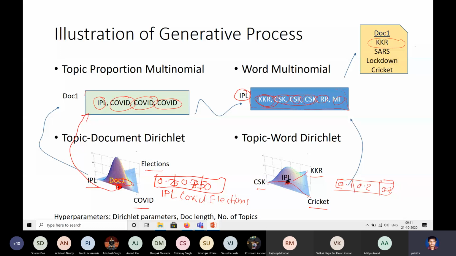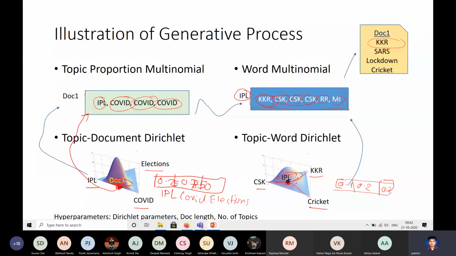They will be from this region in the simplex. Similarly, if we look at the word simplex, you don't know how IPL is a combination of words. What combination of words make IPL? You really don't know. But the only constant you have is that whatever topics you are selecting, IPL or cricket or COVID, they will lie mostly in this part of the simplex.